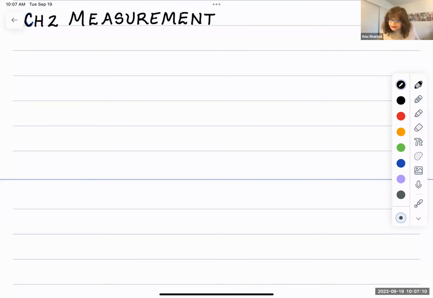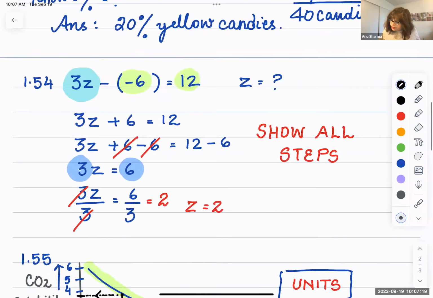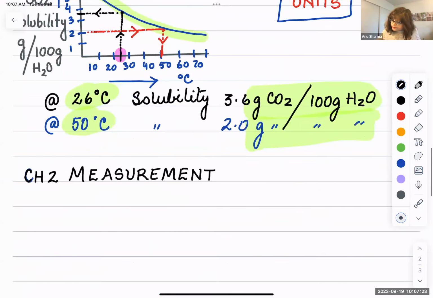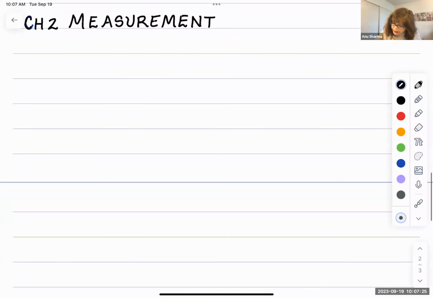Okay. Next is chapter 2, measurements. And we talked about significant figures, the most important thing here. So let's write down what the important things are here. Number 1, significant figures.